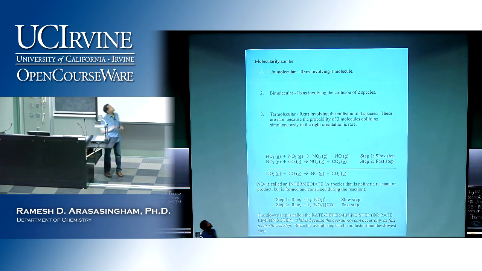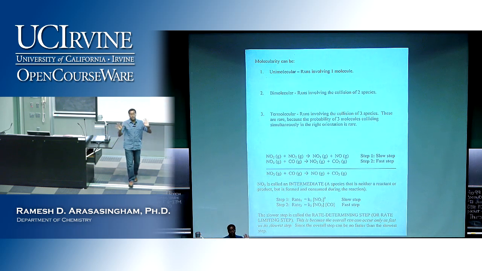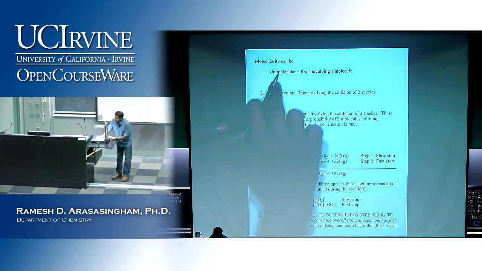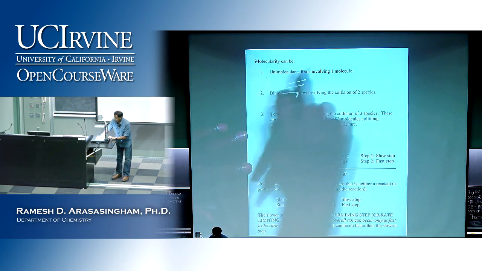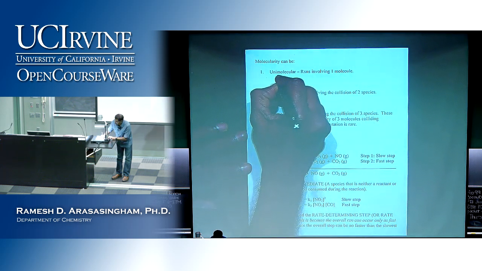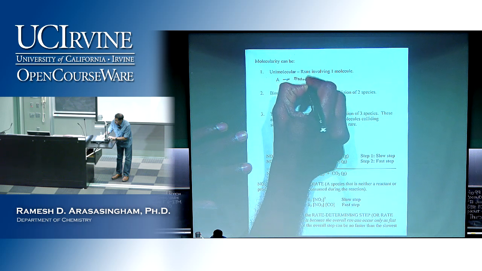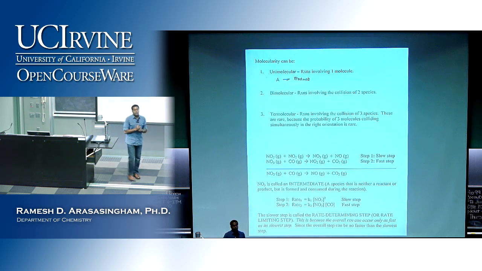And a unimolecular one is where you have a step in a mechanism. Remember, this is an elementary step. We're not looking at the overall reaction now. We're looking at individual steps. And if you have a unimolecular reaction, it means its reactant is only one molecule. So what happens is A goes to products. So now we're looking at a single step in a mechanism.